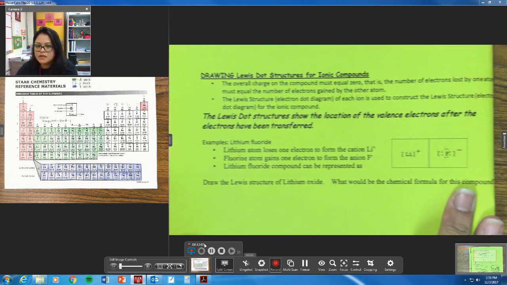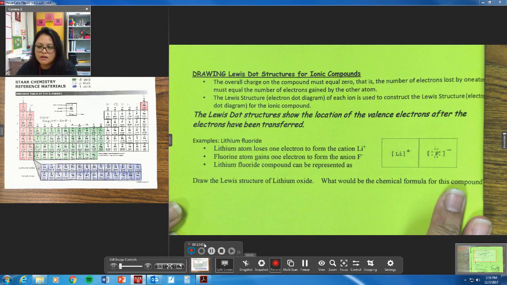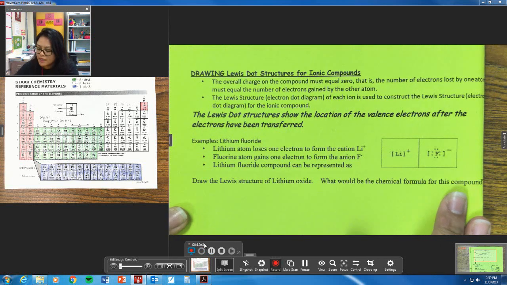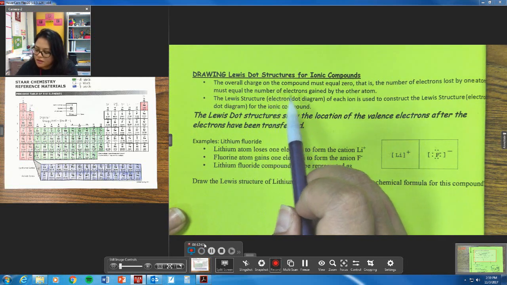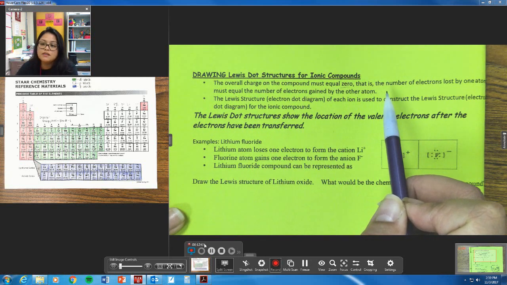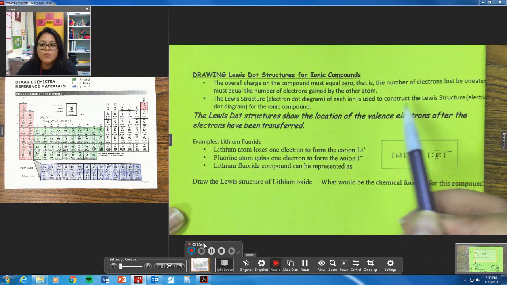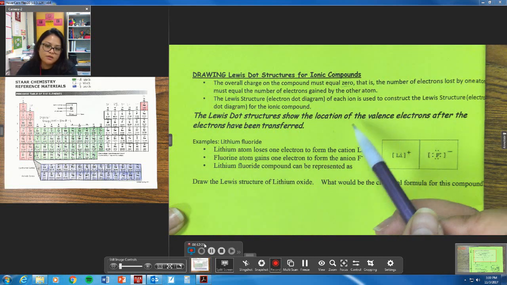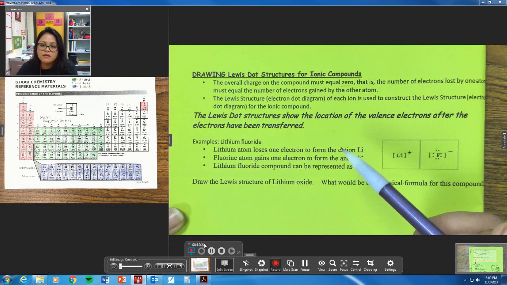It's Lewis dot structures for ionic compounds. Again, the overall charge on the compound must equal 0. That is, the number of electrons lost by one atom must equal the number of electrons gained by another.